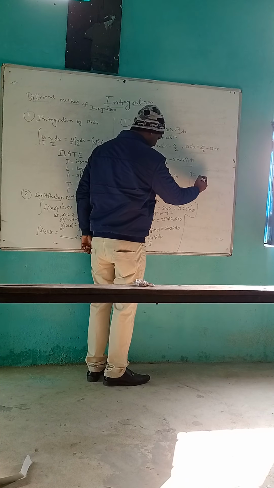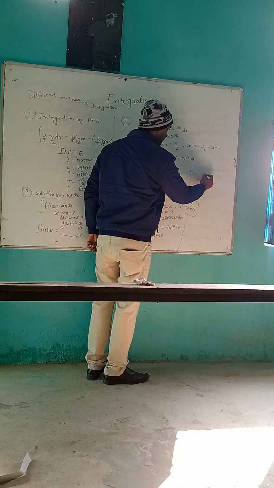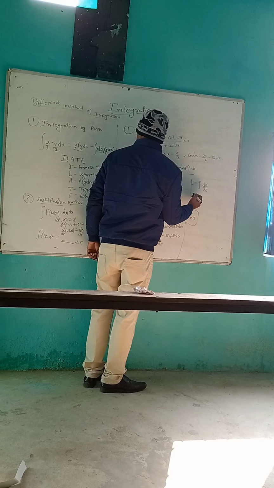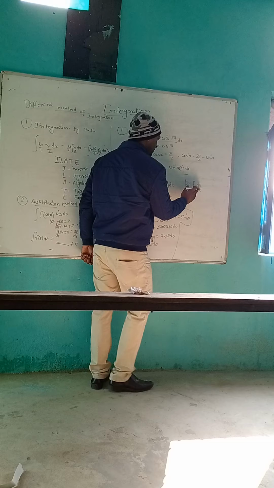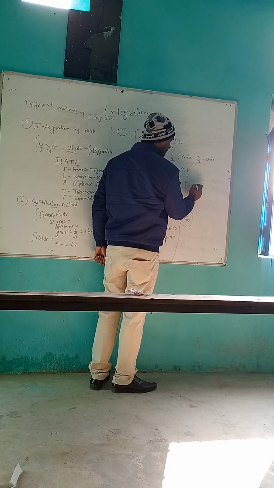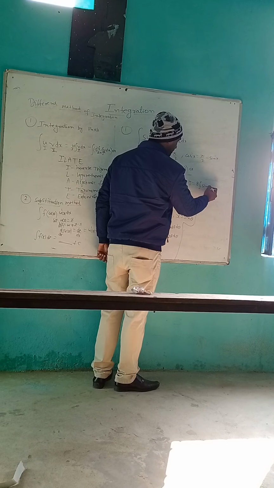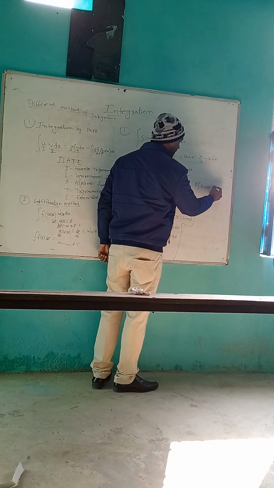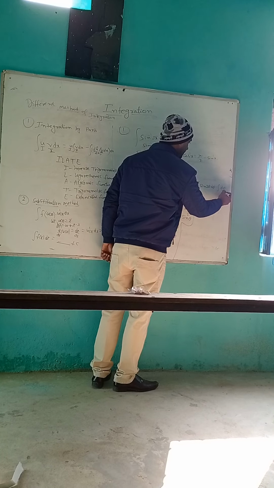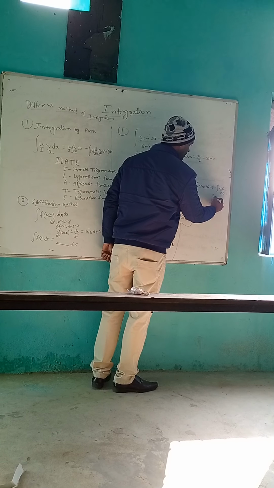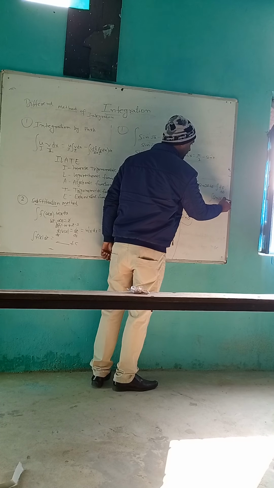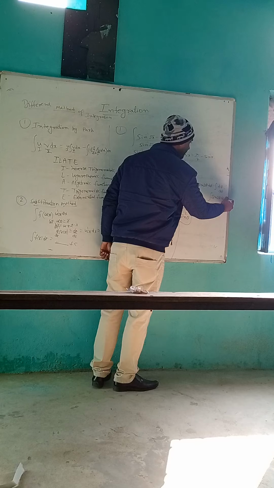I equal to u, which is theta, into the integral of sin 2 theta d theta, minus the integral of d theta by d theta into the integral of sin 2 theta d theta, whole d theta.